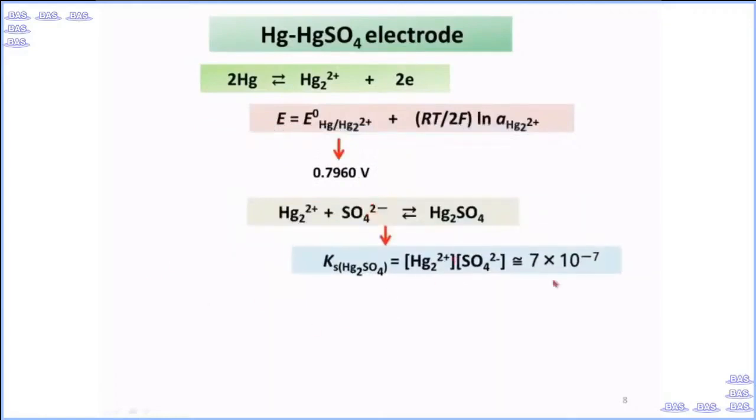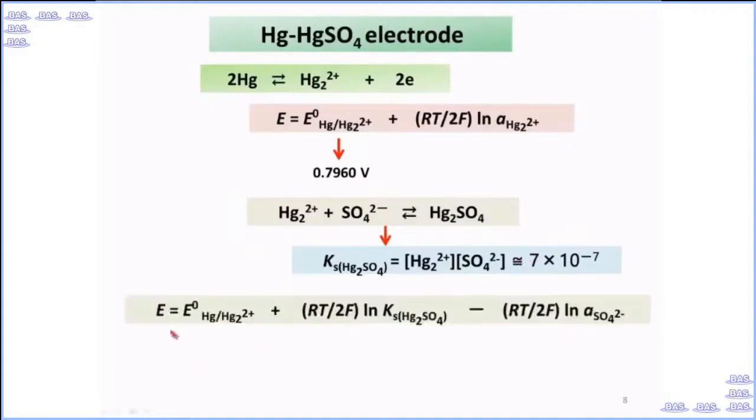The solubility product is not so insoluble, but rather of medium solubility. This is the standard potential, depending on sulfate ion concentration.